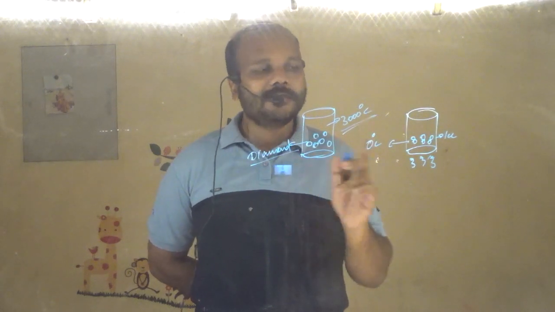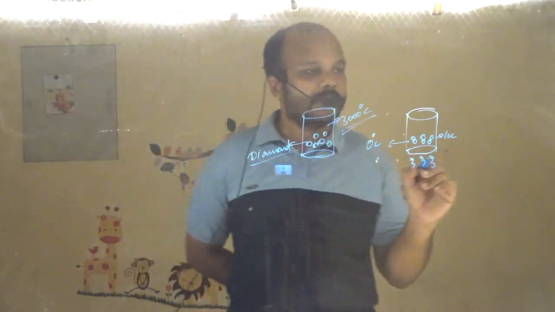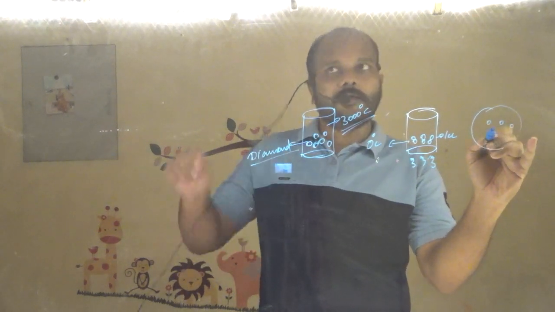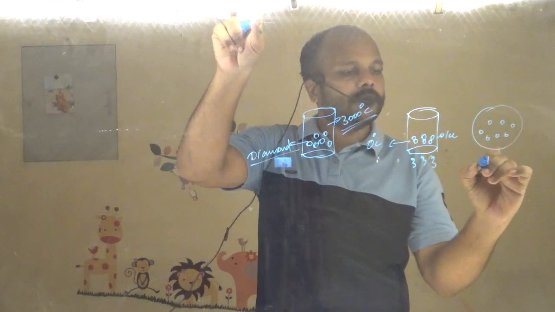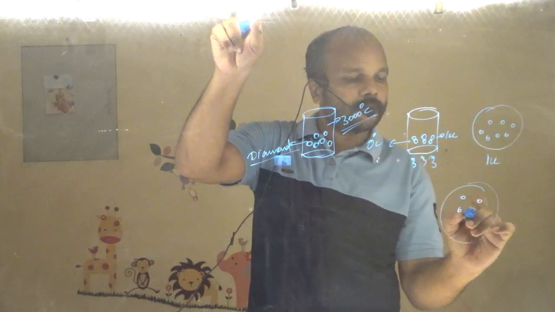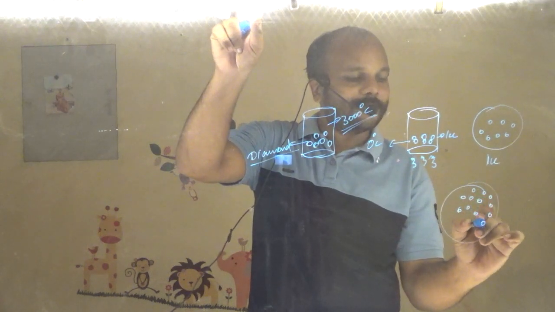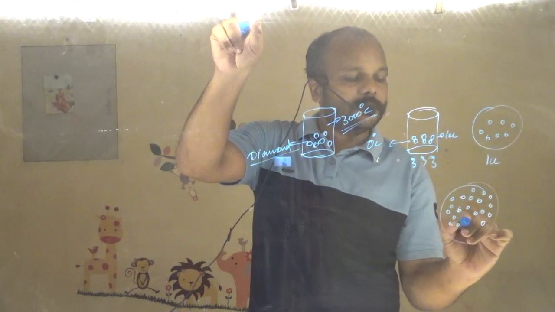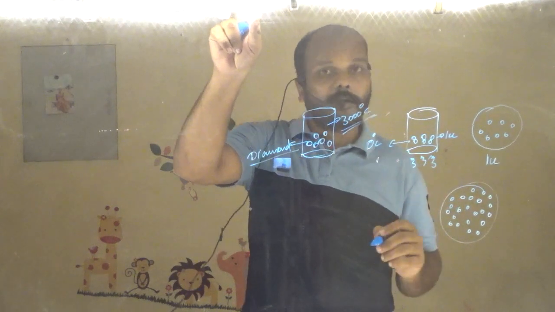What determines that something is melting at a particular temperature? I will tell you. Here is a particular solid. Let it be whatever solid it may be. Let it be ice itself, and on the other hand, this is a diamond. First, what will happen when we are melting?